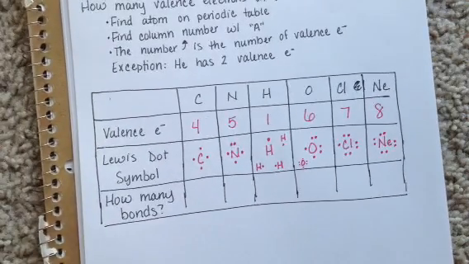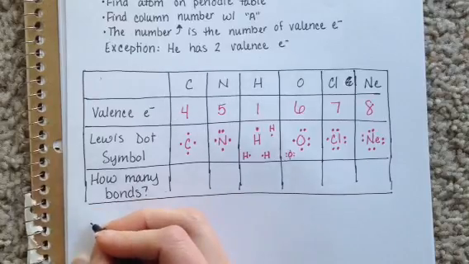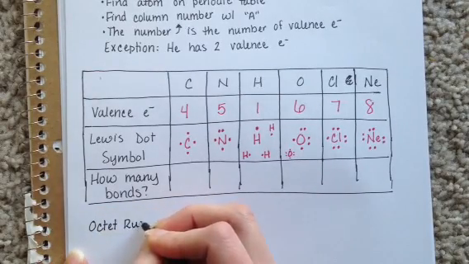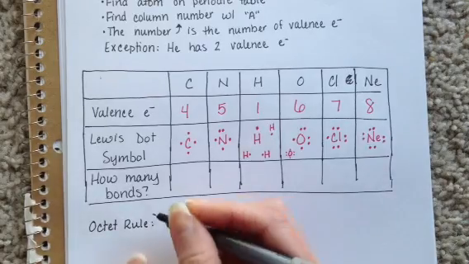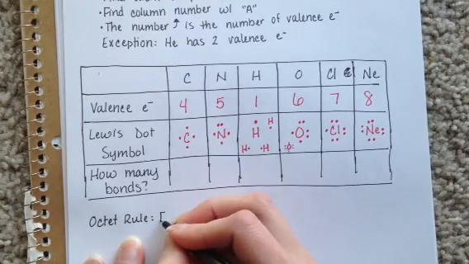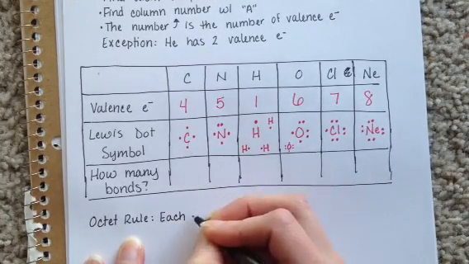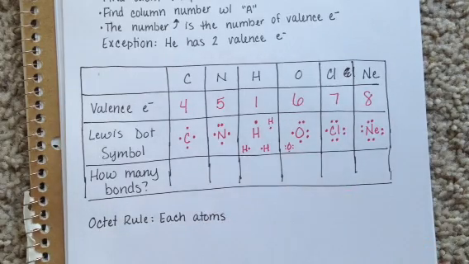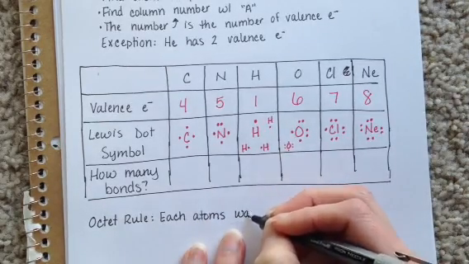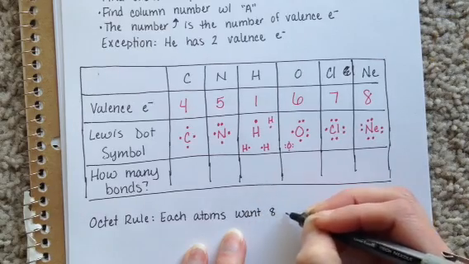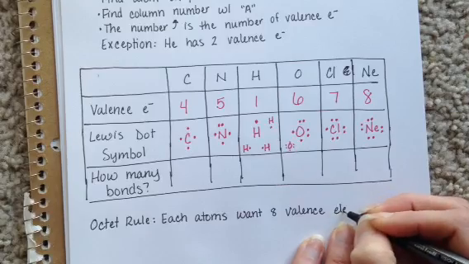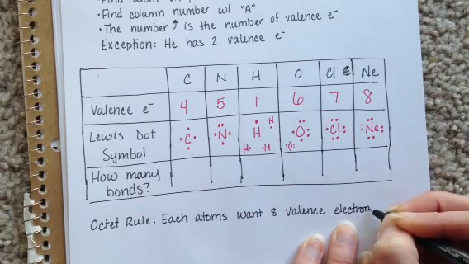Now, in order to predict how many bonds each of these atoms is going to form, we're going to turn to the Octet Rule. The Octet Rule tells us that atoms, for the most part, want to be surrounded by 8 electrons. Let me say that differently. Atoms want to have 8 electrons in their valence, not whatever number Mother Nature gave them.